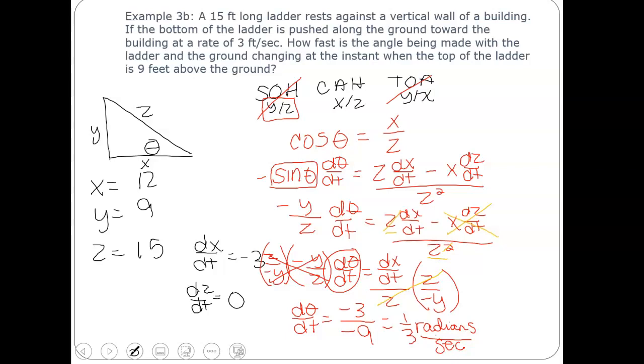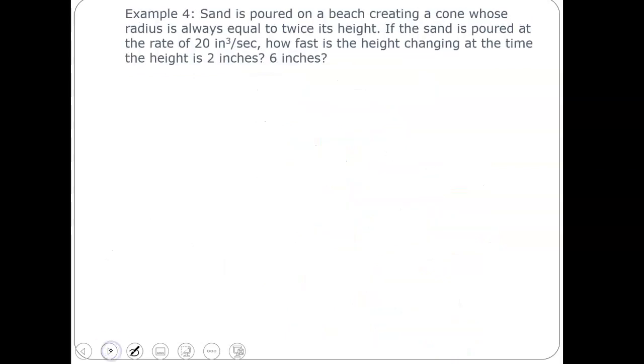One last one for today. Sand is poured on a beach, creating a cone. So imagine dumping sand into a pile, which kind of forms that conical shape, whose radius is always equal to twice its height.